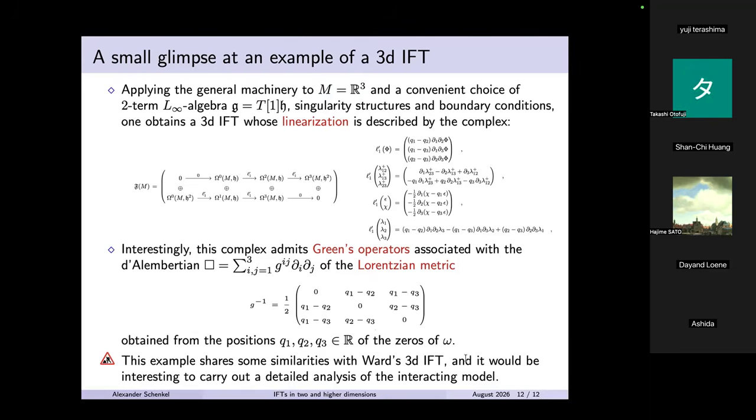But what is still missing is a detailed comparison or a detailed analysis of this model, also including the interactions, so including the L infinity structure and how it relates to other things people know. Okay, that's my talk. Thanks a lot for listening.